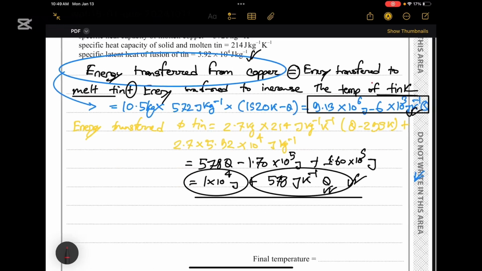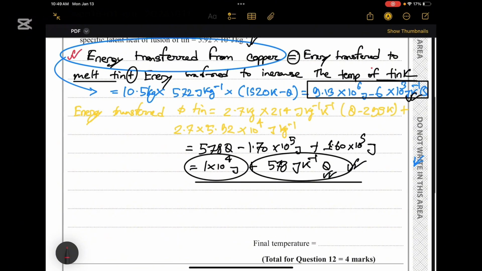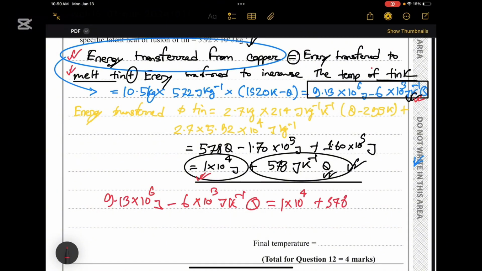Okay, so now let's go and figure that out. According to the formula we previously wrote in the black marker, the energy transferred from copper is this, so we can write 9.13 into 10 to the power 6 joule minus 6 into 10 to the power 3 joule per Kelvin, theta, equals 1 into 10 to the power 4, this value, plus 578 joule per Kelvin, theta.